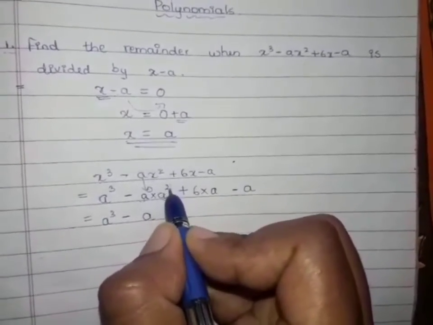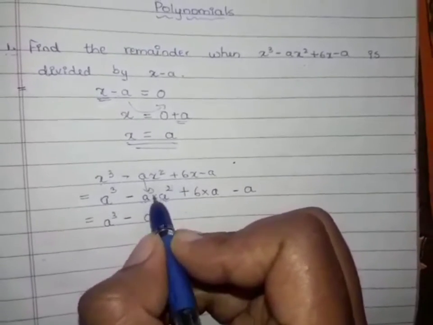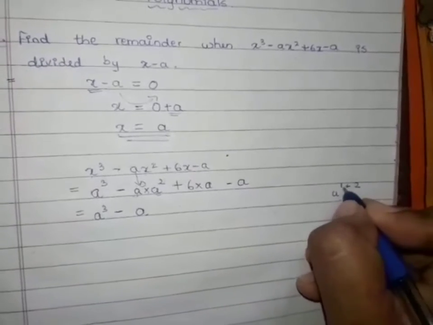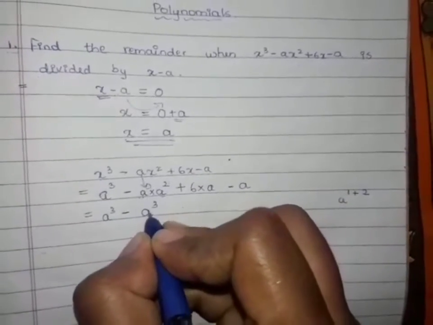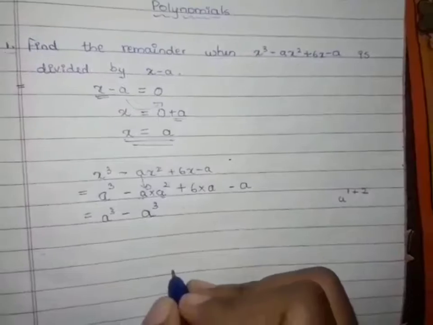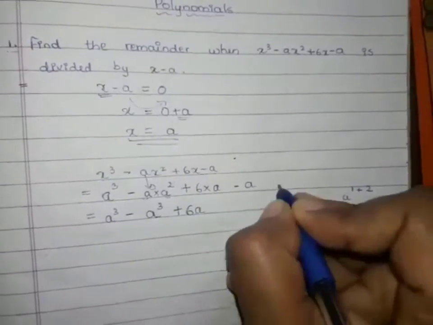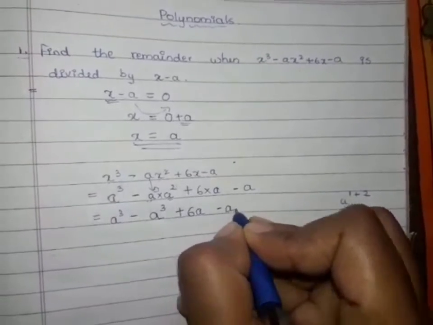Here the exponent is 2 and here if there is no exponent, that means the exponent is 1. So you'll get a to the power 1 plus 2. 1 plus 2 is 3. So this term will become a to the power 3. Plus this can be written as 6a and in the end we have minus a.